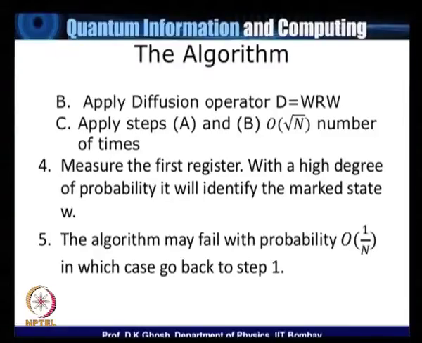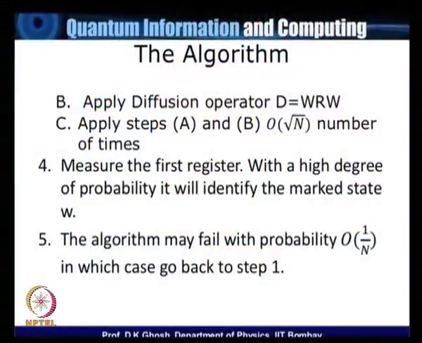Now, if you apply the algorithm square root of n times, we had already seen that the amplitude of the marked state keeps being selectively amplified. So what will happen is, if you measure the first register now, then with a very high degree of probability it will identify the marked state.